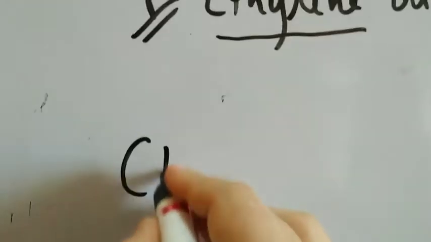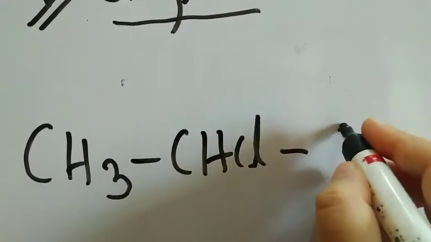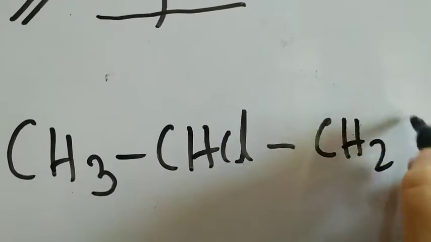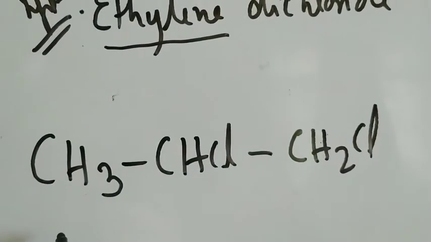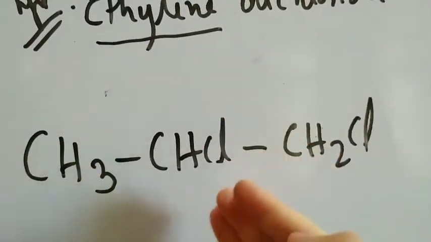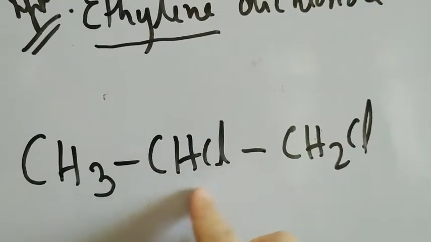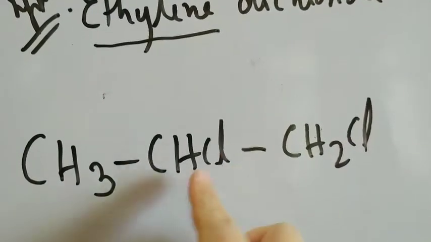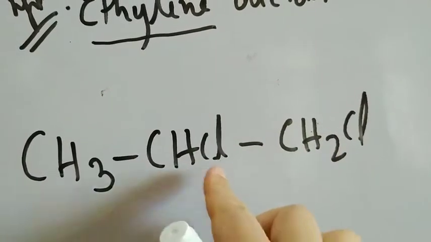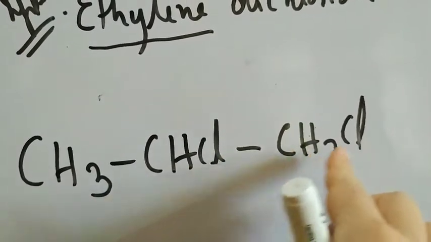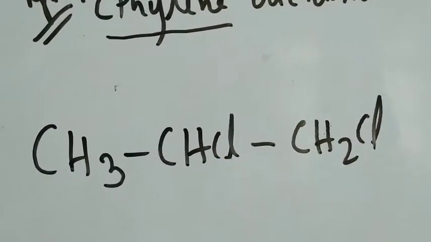We'll write down another example: CH3CHClCH2Cl. The parent hydrocarbon is propane. But we have derived a dihalide in a way that we have replaced hydrogen atoms of adjacent carbon atoms by two chlorine atoms, so that the position is the vicinal position. This is a vicinal dihalide when the two halogen atoms are present on two adjacent carbon atoms.